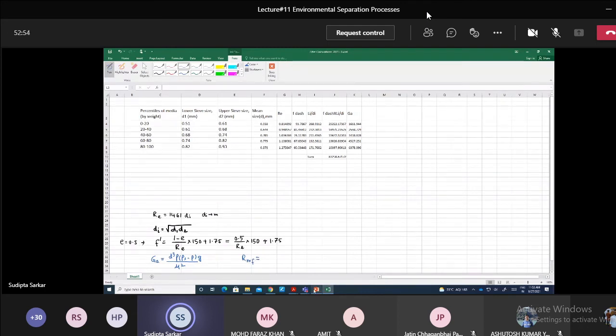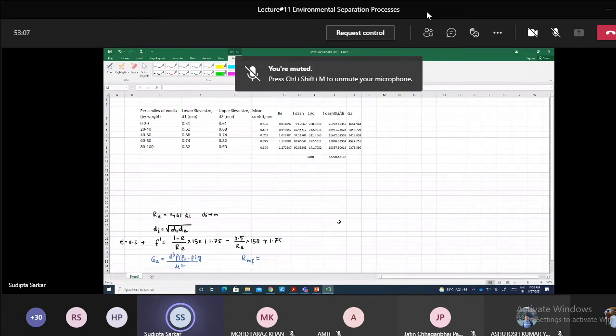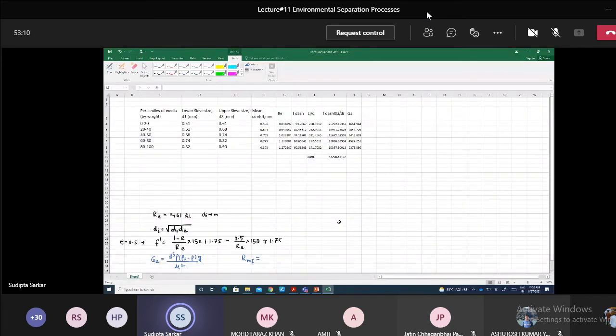Let us see this equation: it equals the square root of 33.7 squared plus 0.0408 times GA, to the power 1, minus 33.7. So this was the formula.